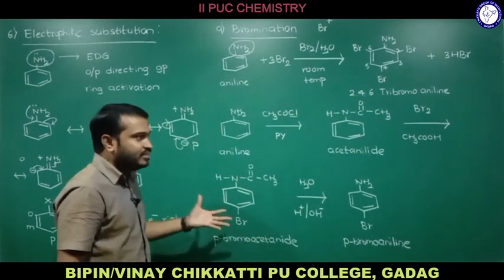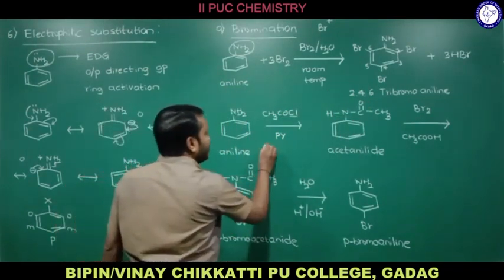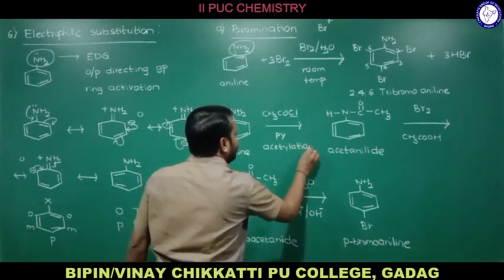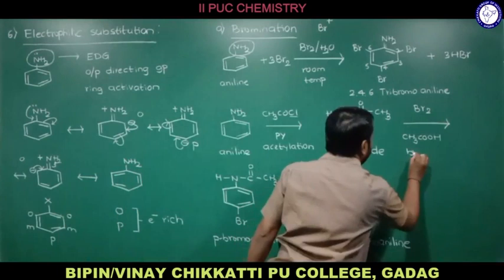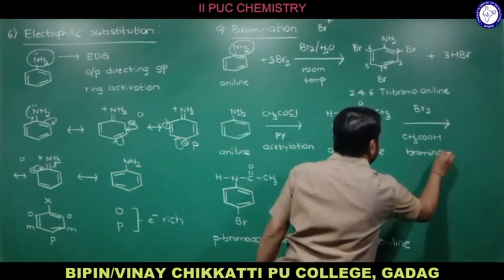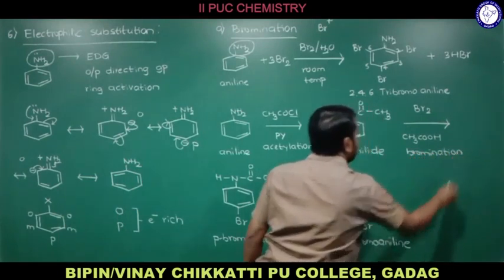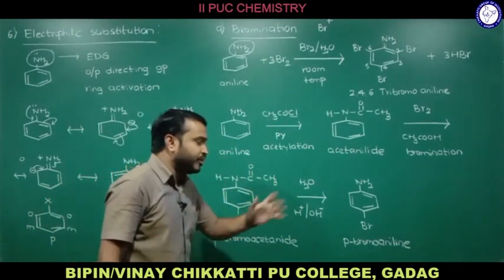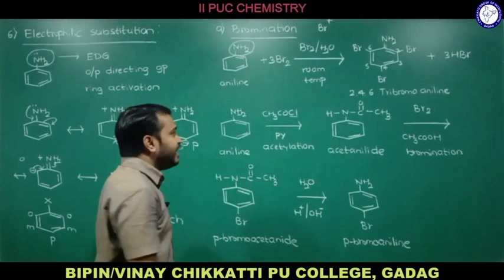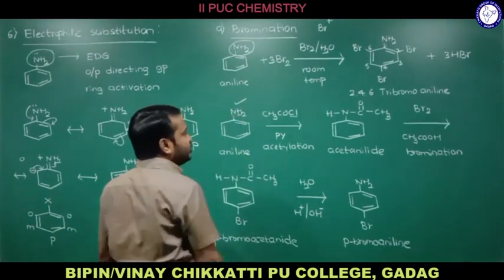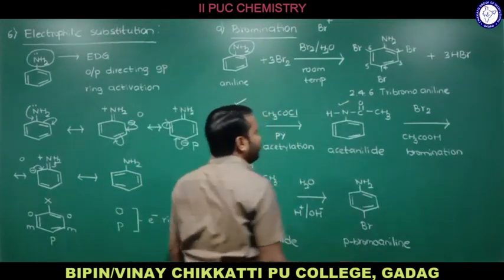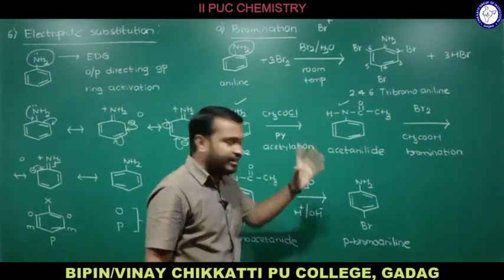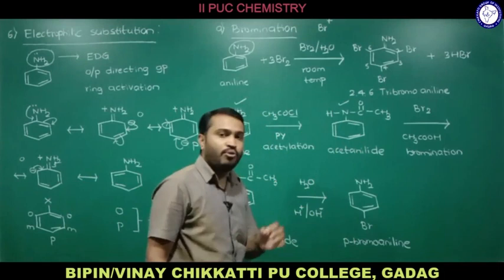What we did in this case is acetylation or acylation, and after that we carried out bromination. Then we got the para substituted acetanilide, and after hydrolysis we get para-bromo-aniline. Remember that first you need to convert this NH2 group into this particular group, and this particular group is para-directing, and therefore we get para-bromo-aniline.